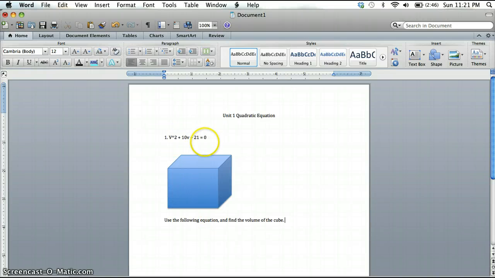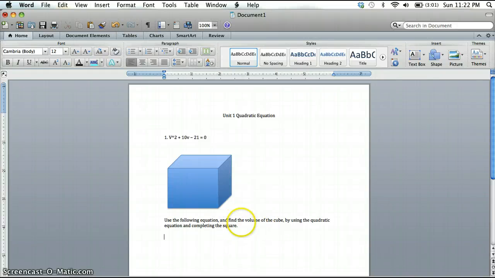Instead of asking students just to solve, I'm going to say, use the following equation, which would be the equation up here, and find the volume of the cube by using the quadratic equation and completing the square.